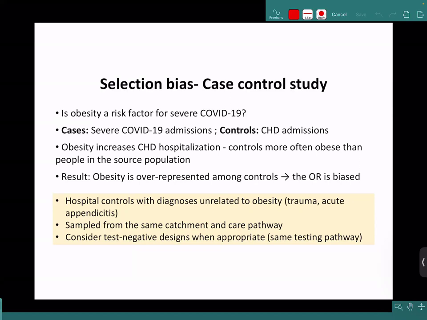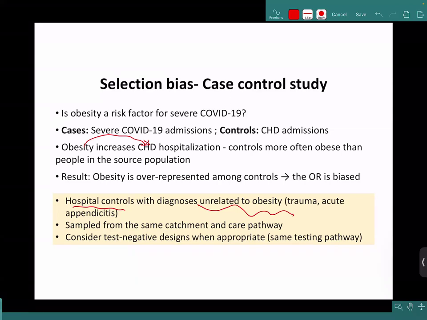Because of this, your odds ratio is going to be underestimated or biased. To prevent this bias, you have to consider hospital controls with diseases which are not related to obesity. We all know that CHD and obesity are related to each other. If there is an association between obesity and severe COVID-19 admissions, this comparison is going to downplay that association.